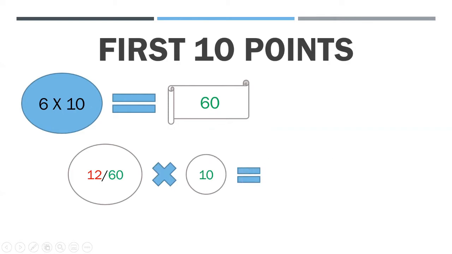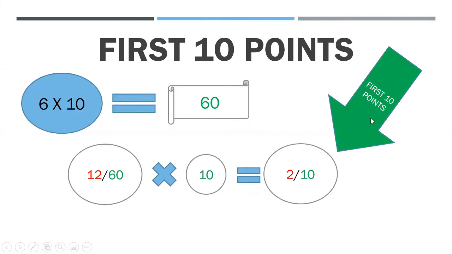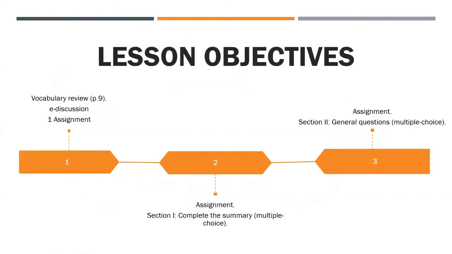And that will mean that Sumit will have 2 out of 10 for the first 10 points. Please encourage your other friends to do their homework because when we open, everyone will have their first 10 points already, okay?